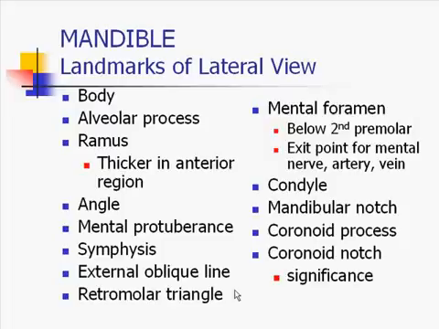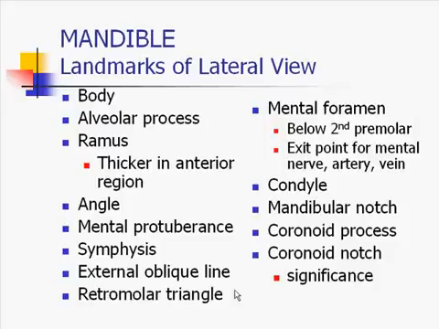External oblique line is a radiographic landmark. The external oblique line is a crest where the ramus joins the body of the mandible. The retromolar triangle is located just posterior to the most distal molar of the mandibular dentition. This bony landmark is covered with soft tissue in the retromolar pad of the patient.